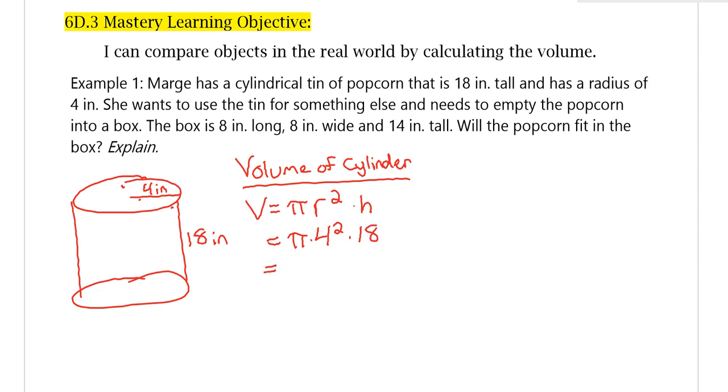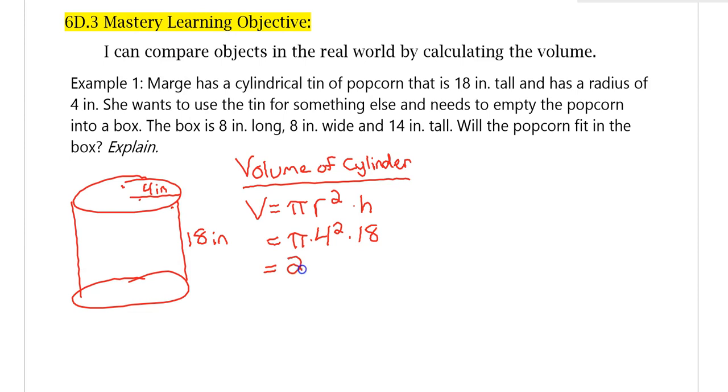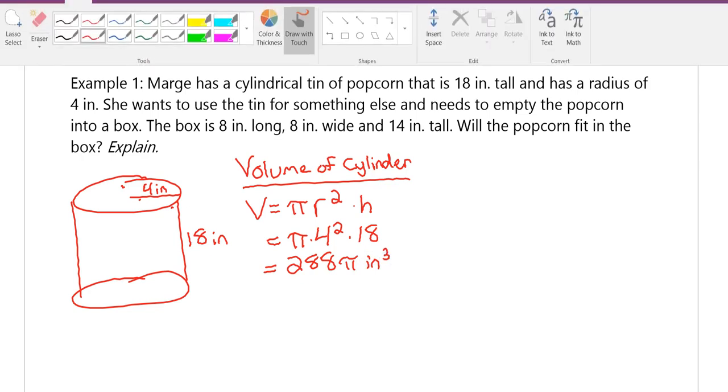So 4 squared times 18 is 288 pi. This is inches cubed.